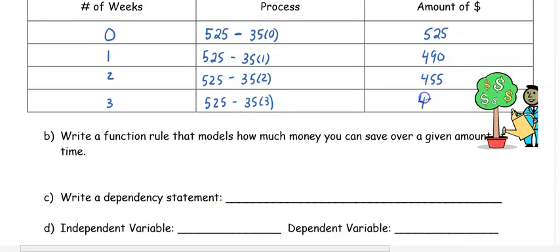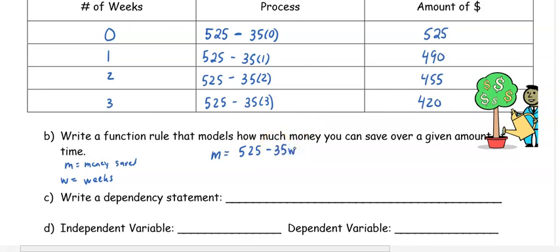So he would have $420 saved. So again, we're going to use M for money saved and W for weeks. So to write our function rule, we would have the money saved is equal to 525 because that's how much he started with, minus $35 per week.